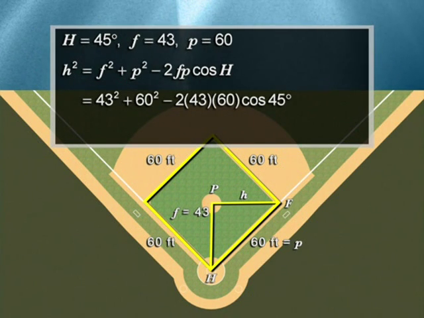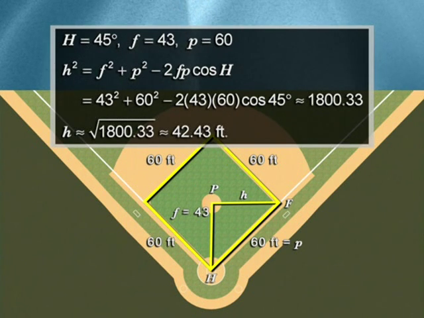If you do the arithmetic on that, it's about 1,800.33. That is h squared. Take the square root of that number, and you get about 42.43 feet. Curious answer. Not quite as far as from the pitcher's mound to home plate.